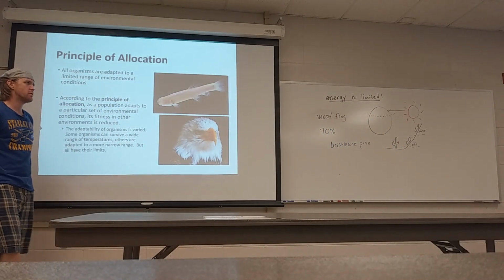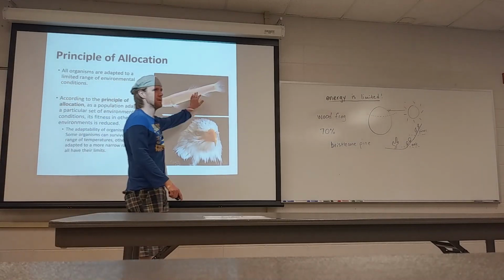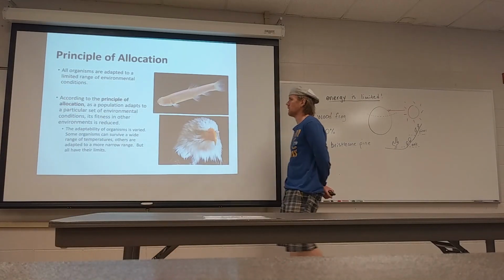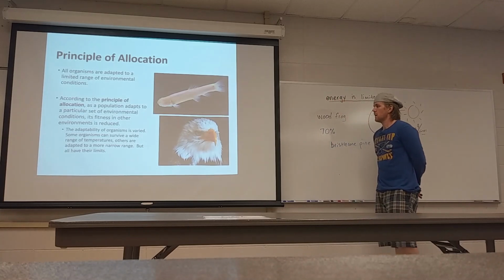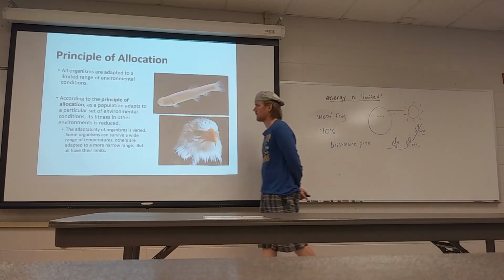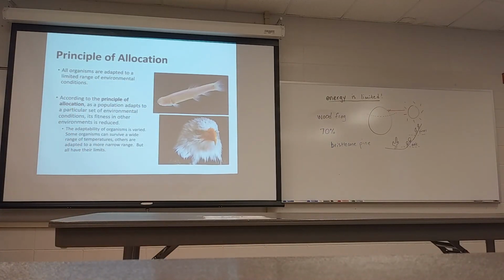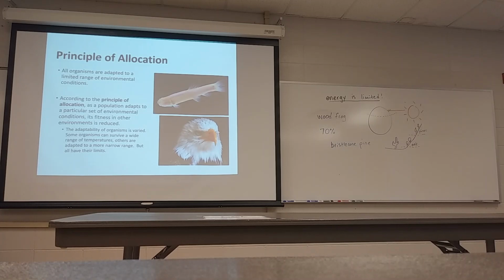Eyes take a lot of energy to maintain, so if you're in an environment without light, it's a complete waste of limited energy to spend it on eyesight. However, our bald eagle has eyesight 10 times more acute than you do, and it feeds in principle by observing organisms.